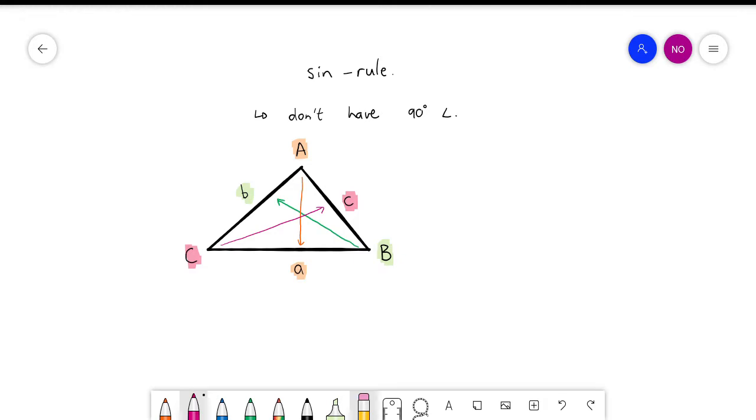Julle hoef hom nie so technicaler in te kleer nie as julle net die A A B B C C op die regte plekke skryf.